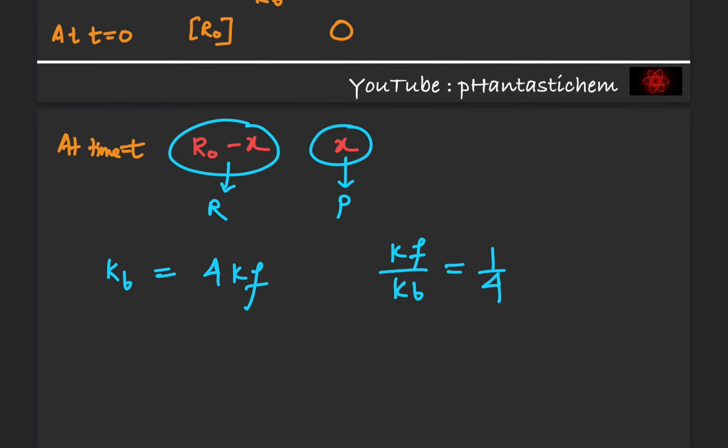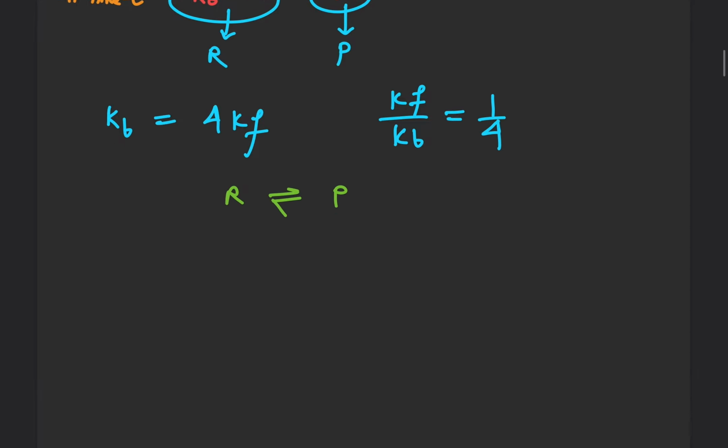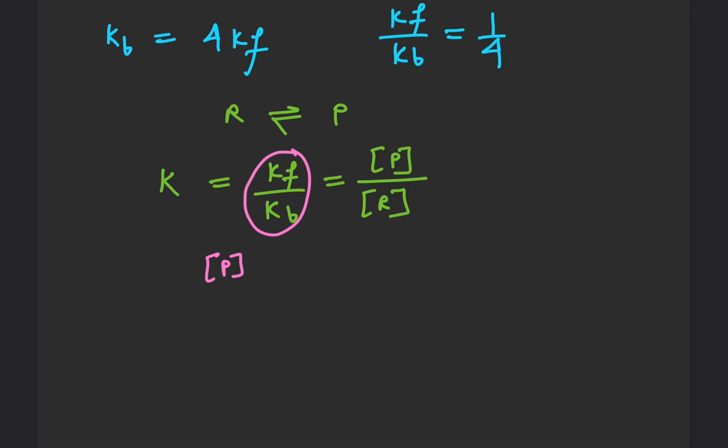And we know that for a reversible reaction R to P, the equilibrium constant K is equal to Kf divided by Kb, which will be equal to the concentration of P at equilibrium divided by the concentration of R at equilibrium. Therefore, the concentration of P at equilibrium divided by the concentration of R at equilibrium is 1 by 4.